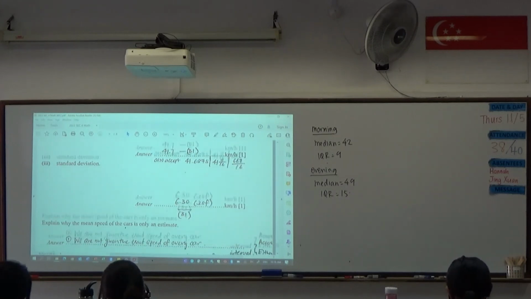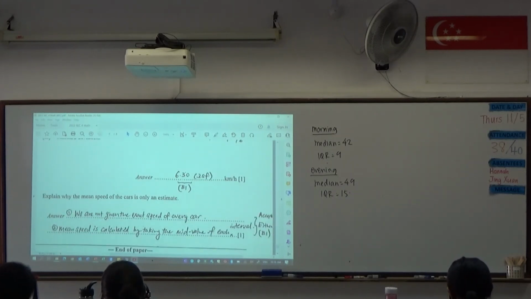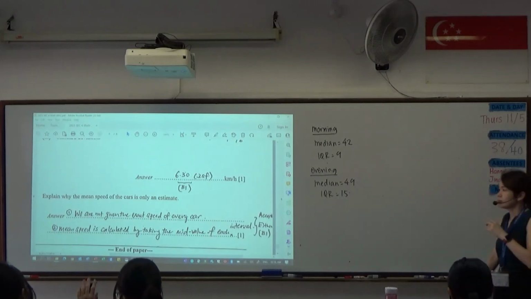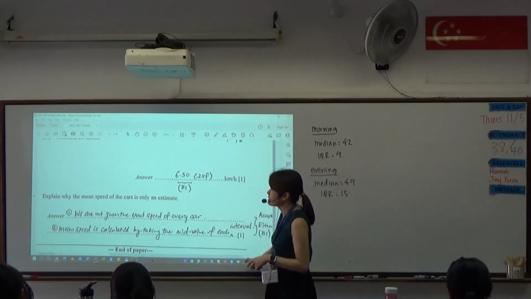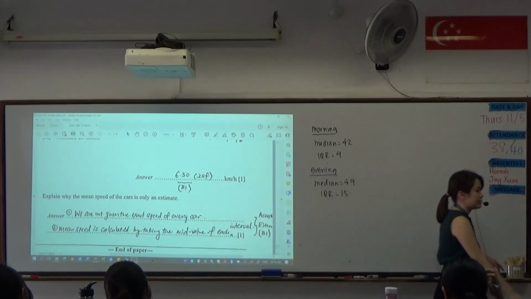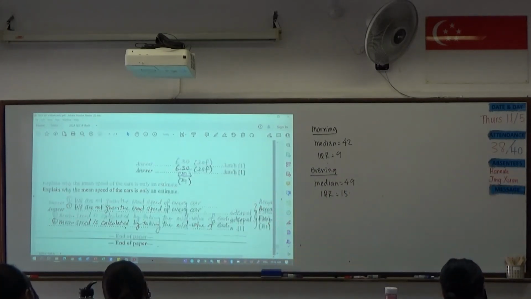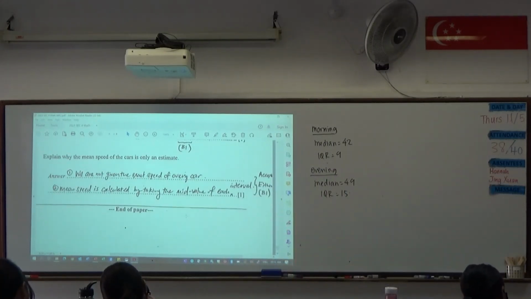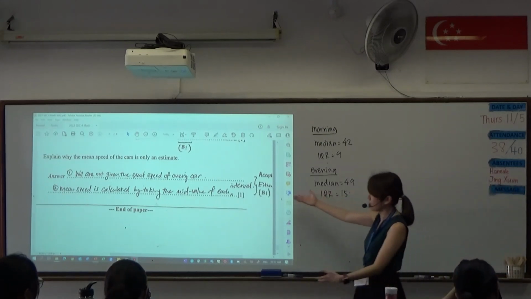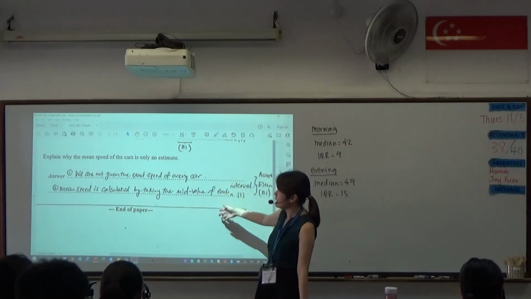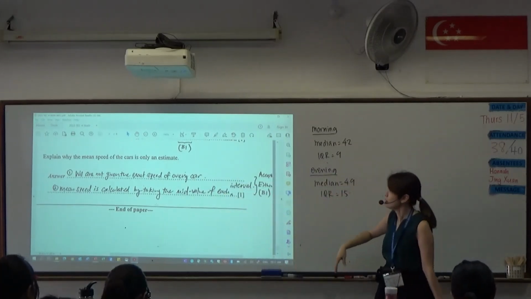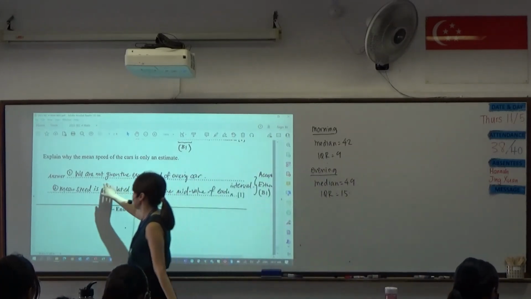Last question. Explain why the mean speed of the cars is only an estimate. Definitely when I was teaching in class, I gave you a more comprehensive answer than this. In fact I covered both points, which I think is a good thing to have, rather than do half-half. But this marking scheme was lenient to give you 1 mark for just half of that already.